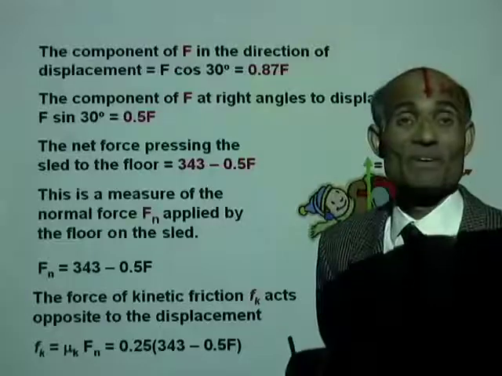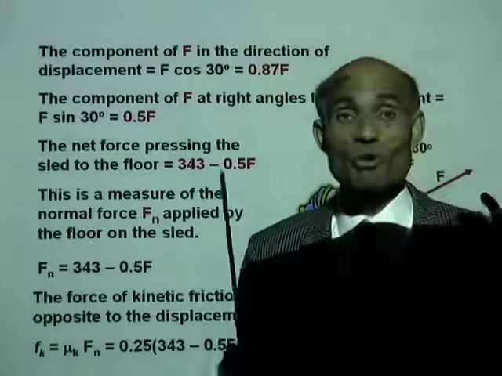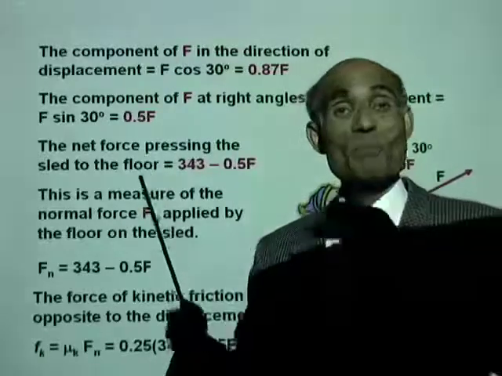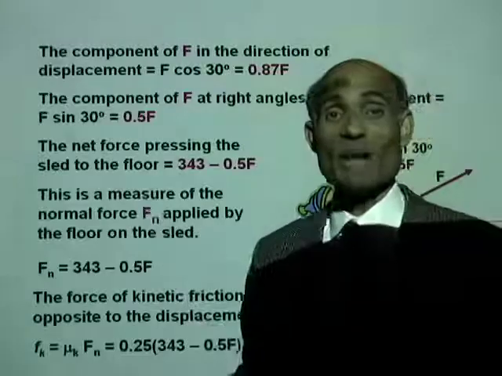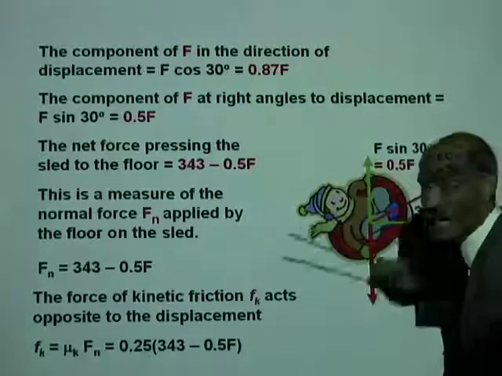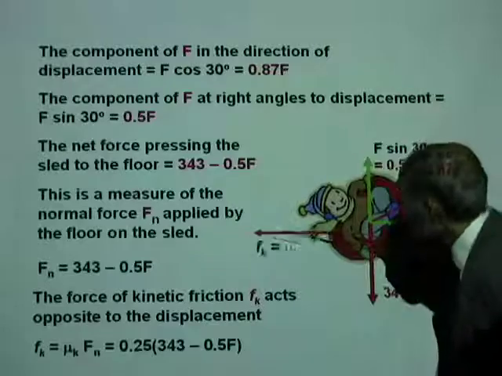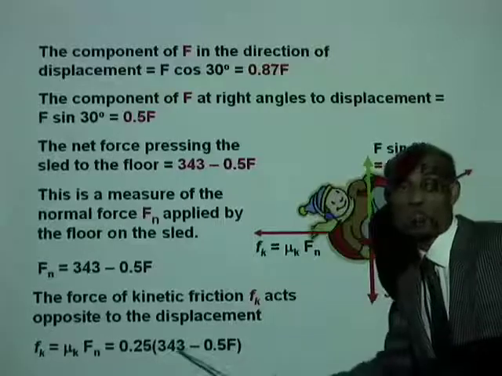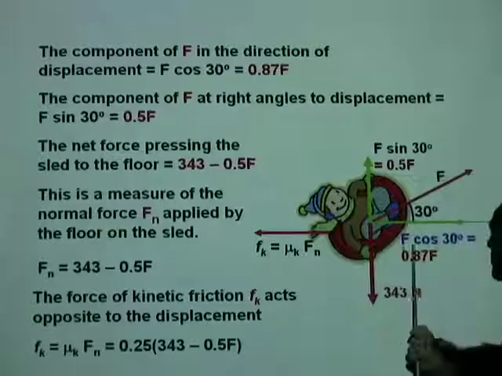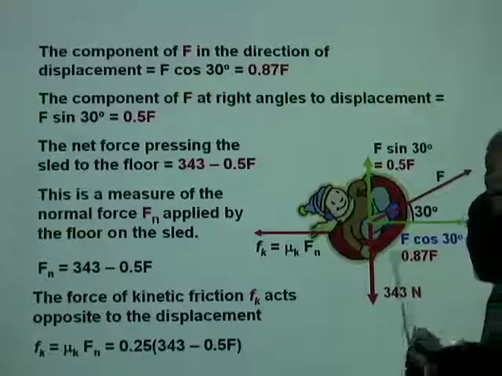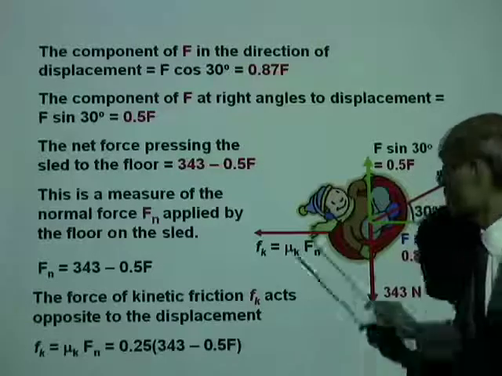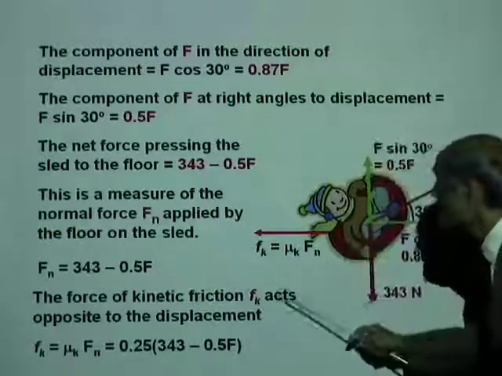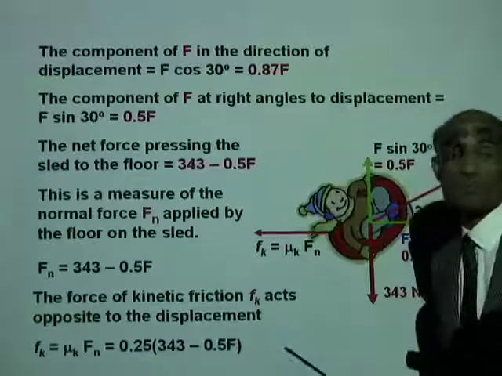Well, we have said earlier that the forces on the sled are balanced because the sled is being pulled at a constant velocity. What that means is the Fk acting to the left, which is mu k Fn, given by this quantity, is exactly equal to 0.87 F. You see that? Now, if you take these two and equate them, we can calculate that F. That is the strategy of this problem.